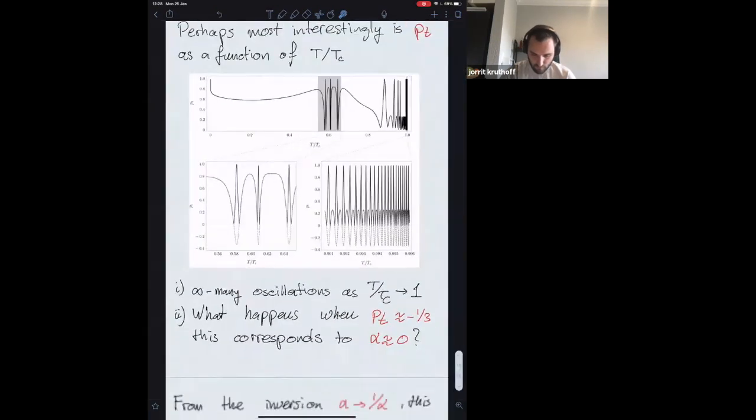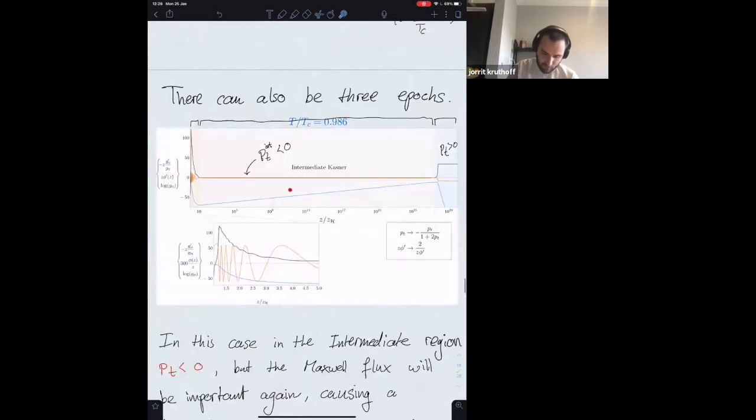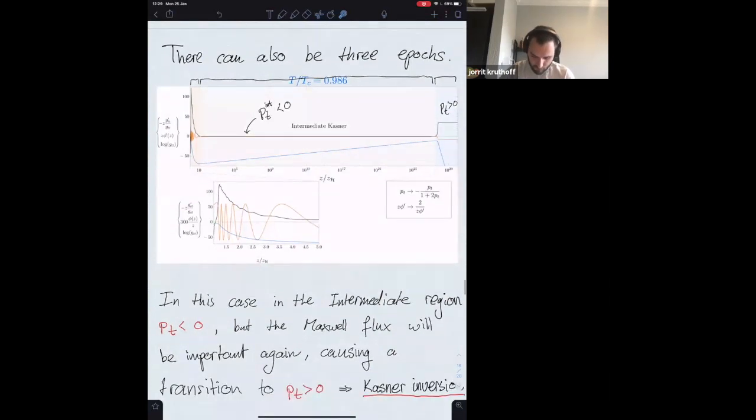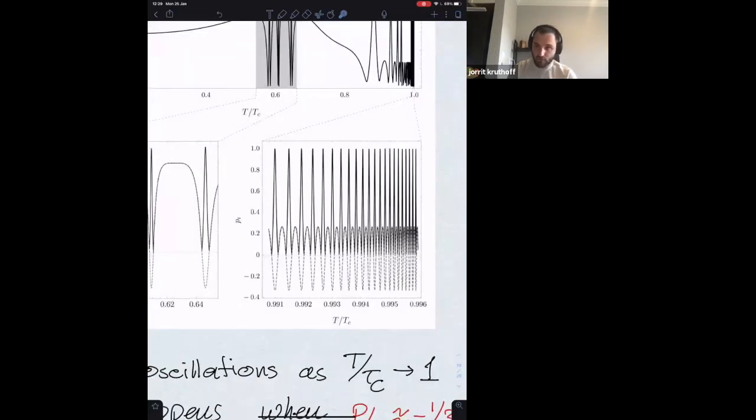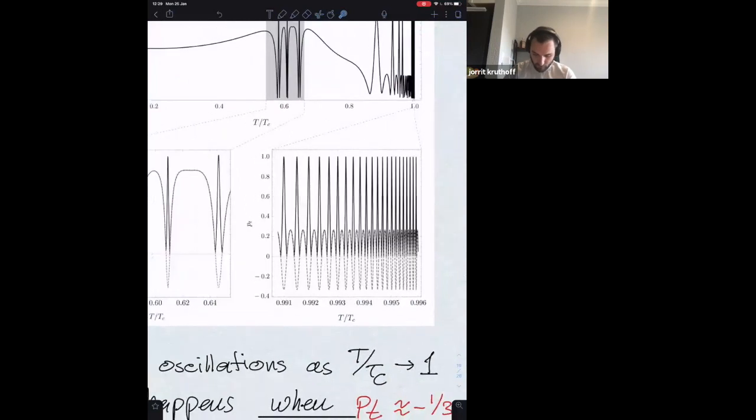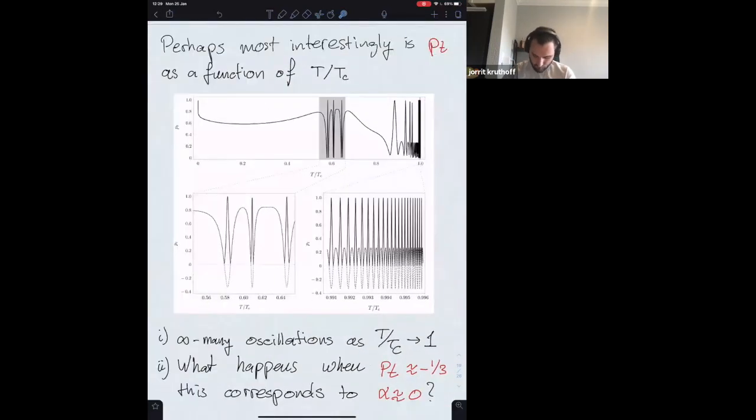And so it's just whether I plot this or this. In the intermediate region, it can become negative, and then we know it can invert to positive values, and it does so an infinite number of times as we approach TC.